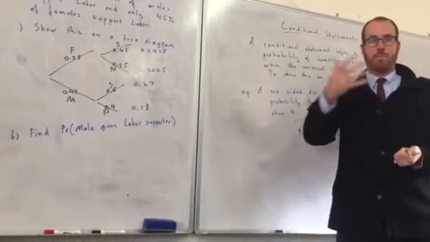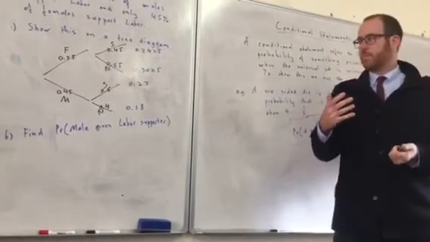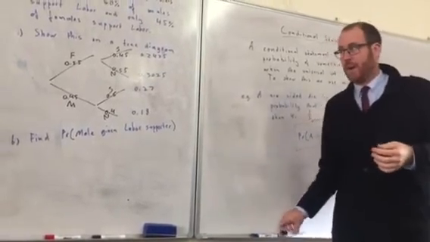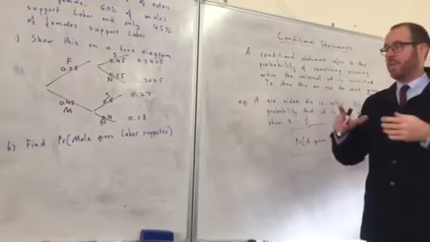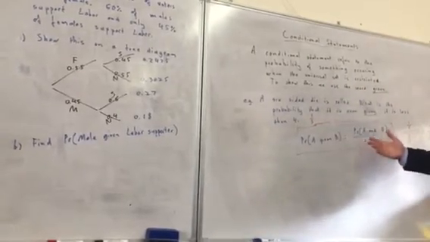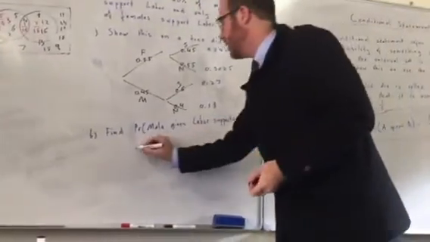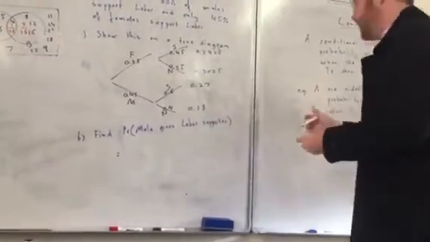We don't know at this stage whether they're male or female. We don't know the probability of that person being a male. Unlike the other 2 we've done, this one doesn't really have any shortcut besides using this formula here. That's the only way we could do it. So let's rewrite this formula.